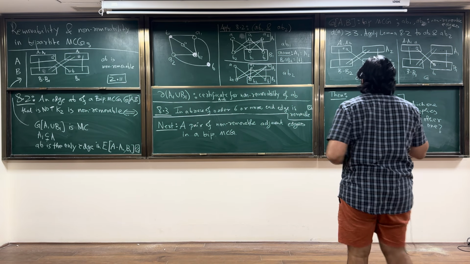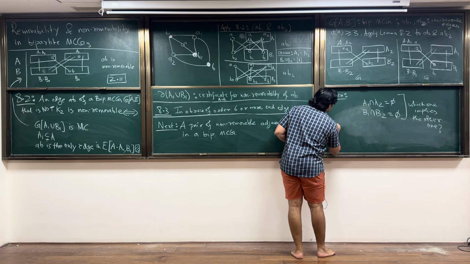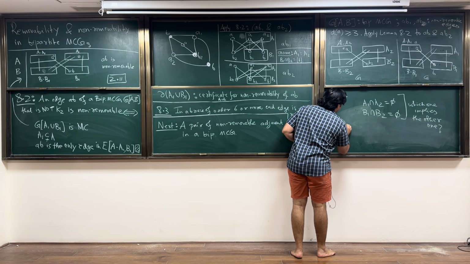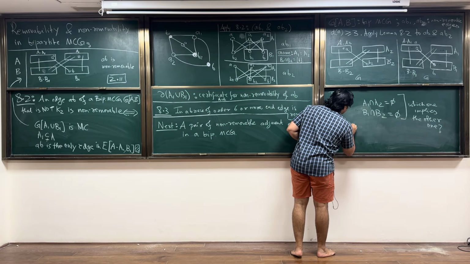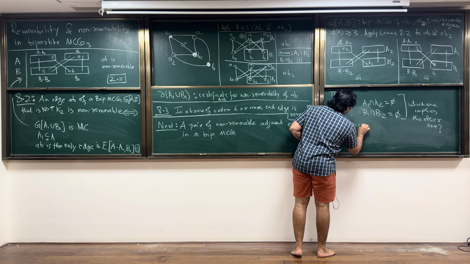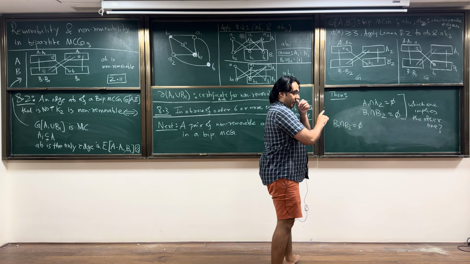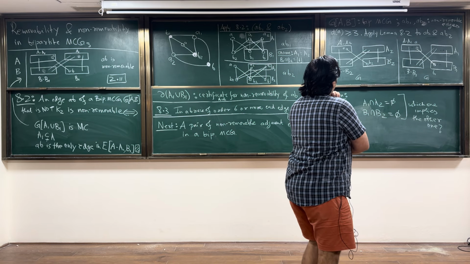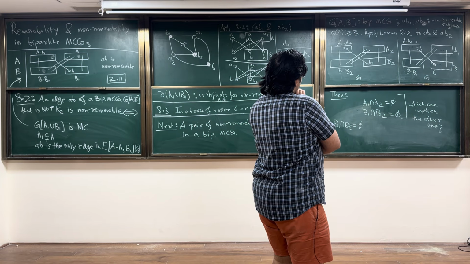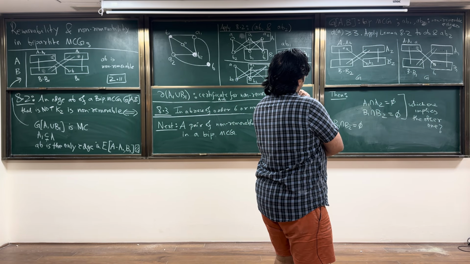So here's what we will do. I'm also confused what I want to do. Okay, let's see. We will prove that B1 intersection B2 is actually empty. This is what we will prove. Does this imply that A1 intersection A2 is empty?